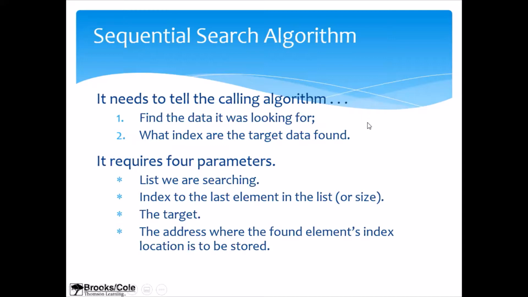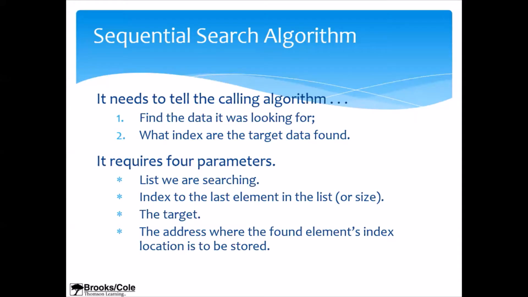In the sequential searching algorithm, it needs to tell the calling algorithm first whether we found the data it was looking for, and then we are going to find the index of the target data found. Here are the 4 parameters we need to search the value in a sequential algorithm. First is the list we are searching, the array or the elements of the array.